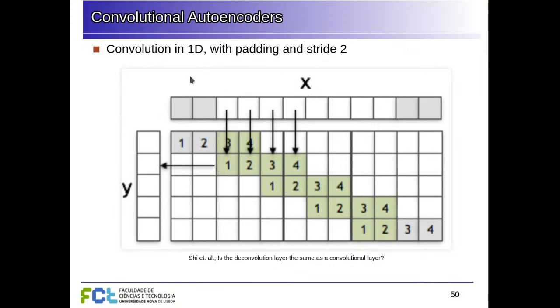If we look at a convolution in one dimension, let's say we have this x here, we are using a convolution with a kernel of 4, a window of 4, and a stride of 2. Since we are using a stride of 2, and we use padding to allow us to also compute for these positions here, we end up having an output vector that has a smaller number of values than the input vector, because we are taking steps of 2.